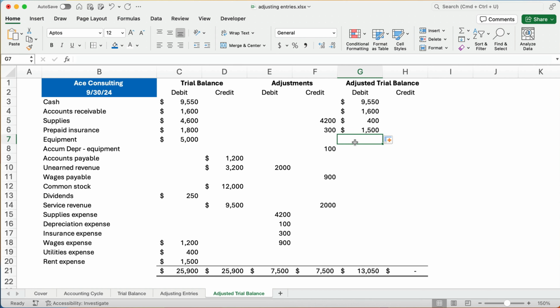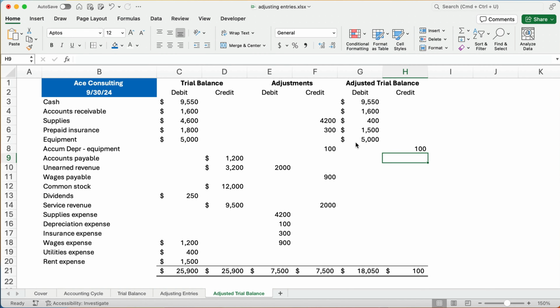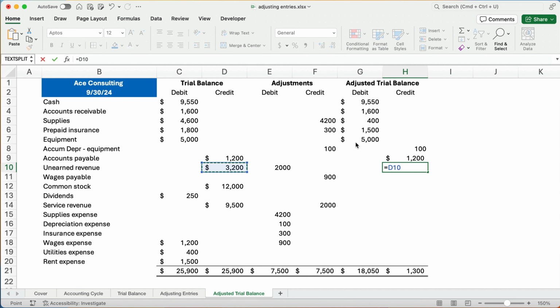Equipment is just going to be $5,000. Accumulated depreciation is going to be the $100. The accounts payable is going to be the $1,200. The unearned revenue is going to be $3,200, a credit, minus the debit of $2,000.